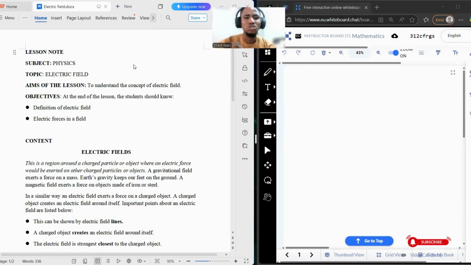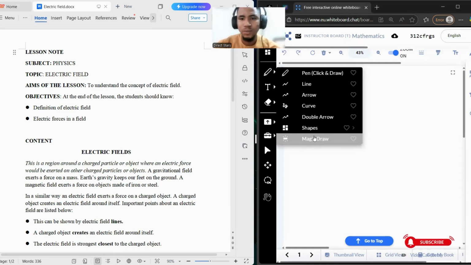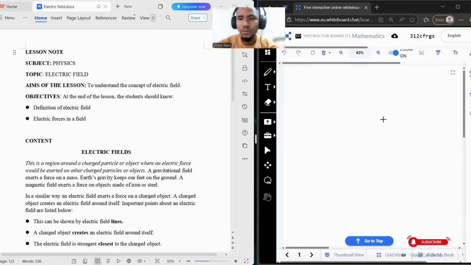So a charged object creates an electric field around itself. Important points about an electric field are listed below. But before going to that, let me explain what an electric field looks like. This is the charge itself.